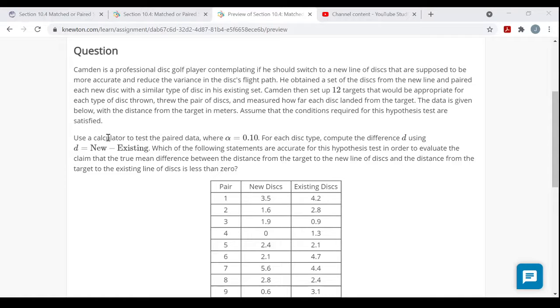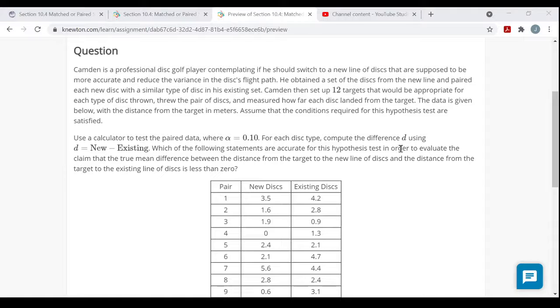We're going to use a calculator to test the paired data, where alpha is 0.1, 10%. For each disc type, compute the difference D using the distance the new discs were from the target minus the distance the existing disc, his current set, was from the target.